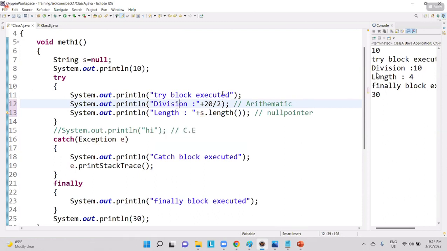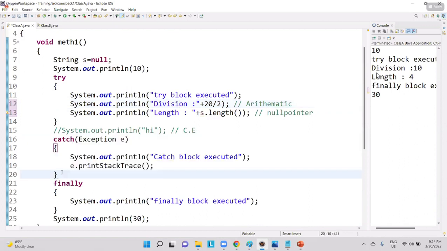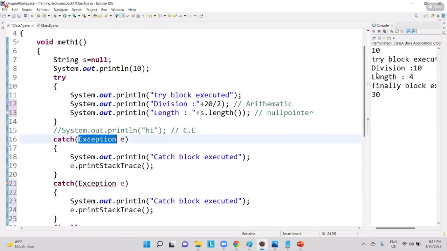So how do I need to handle that? If there is a chance of getting 2 exceptions, I need to write multiple catch blocks. Try to add one more catch block. The first catch block I'm writing arithmetic exception.